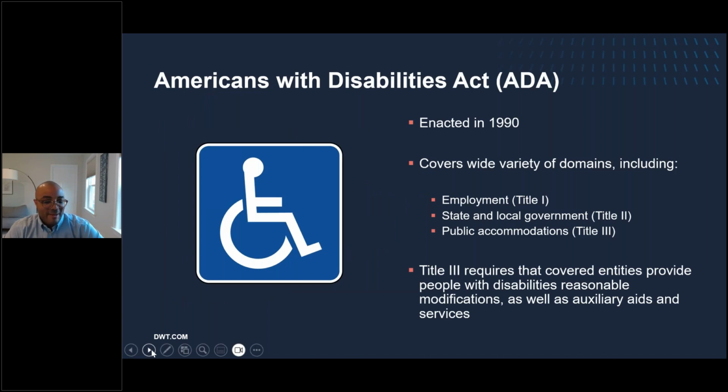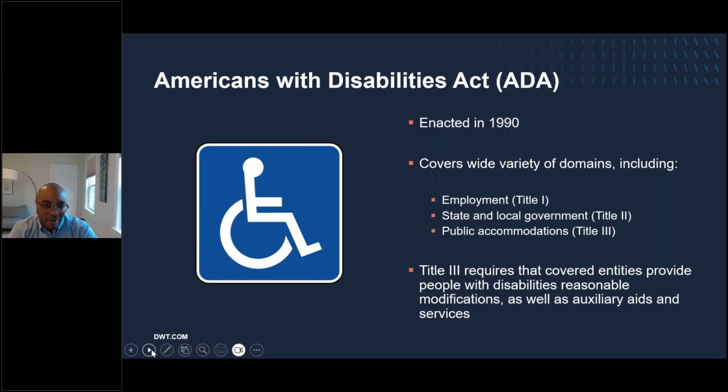So that was a very quick speed run through privacy considerations and authorities. We are now turning to accessibility. Just as a point of definition, accessibility is a term used to refer to the access by people with disabilities to various products, services, and facilities.